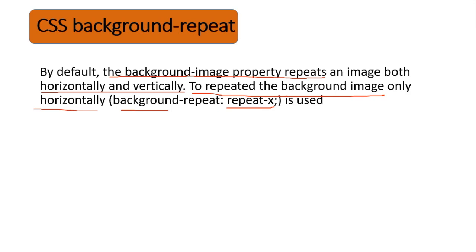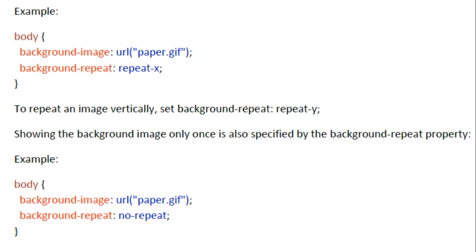Let's look into an example. Out here in our example, we have set our background image. After that, if you want to repeat only horizontally, we write background repeat x. To repeat an image vertically, we change this value to repeat y.